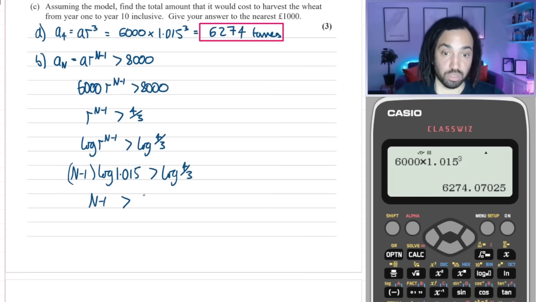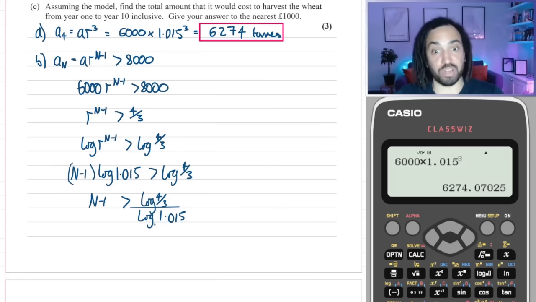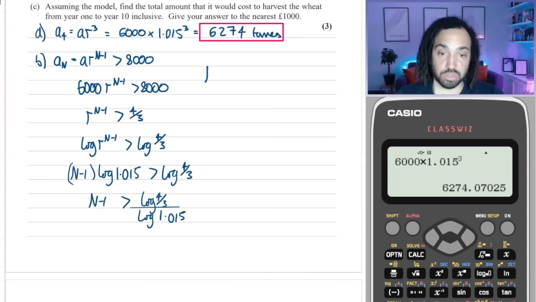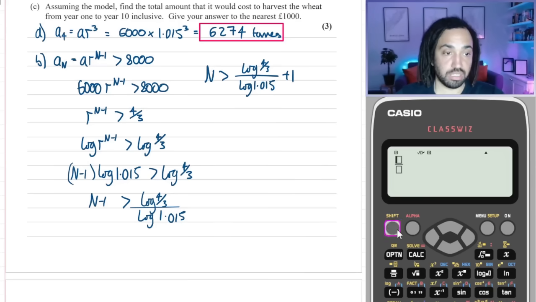Well, no, it's not, so it means we don't need to swap the sign over. But sometimes if we have log of a number which is less than 1, then it will give us a negative value. When we divide by a negative, we have to swap the sign over. But in this case, we do not, because it's not negative. Okay, so this over this plus 1. Okay, so we'll do that on our calculator.